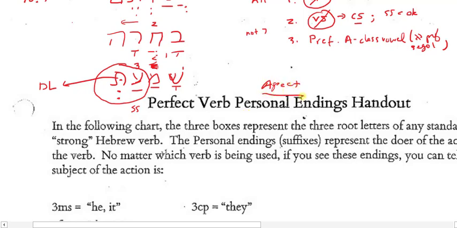Aspect has to do with how the action is being portrayed, whether the action is being portrayed as a complete or a whole action, or whether the action is being portrayed from within as a process or as phases of action. That's what we would call perfective versus imperfective aspect. So the perfect has what's called perfective aspect.